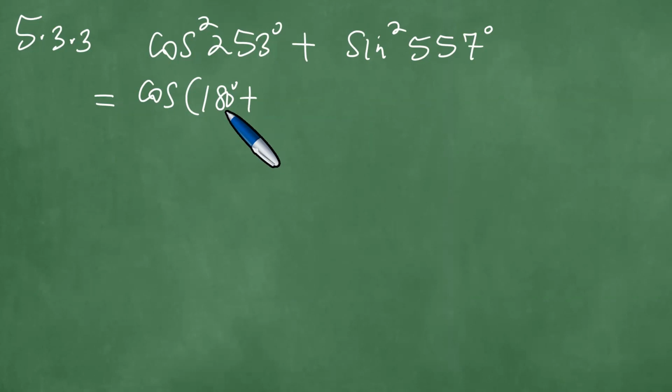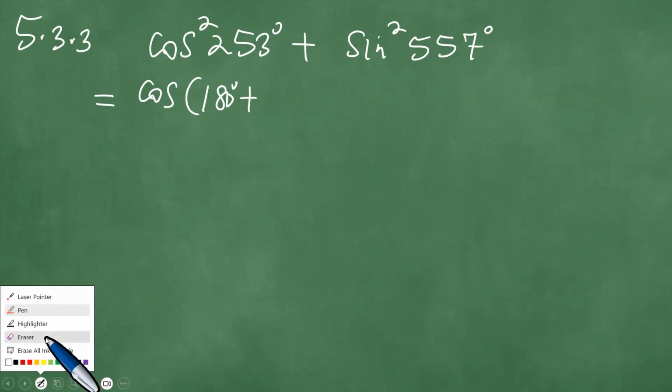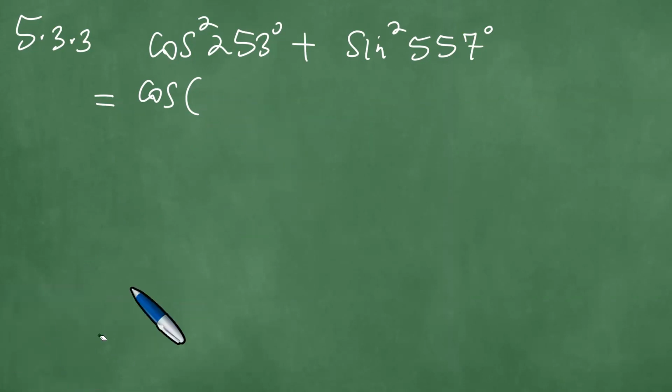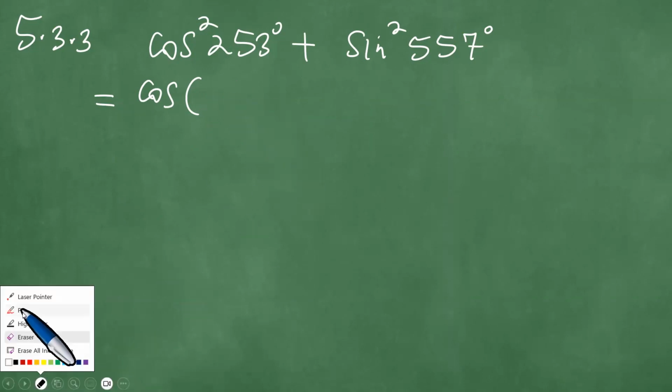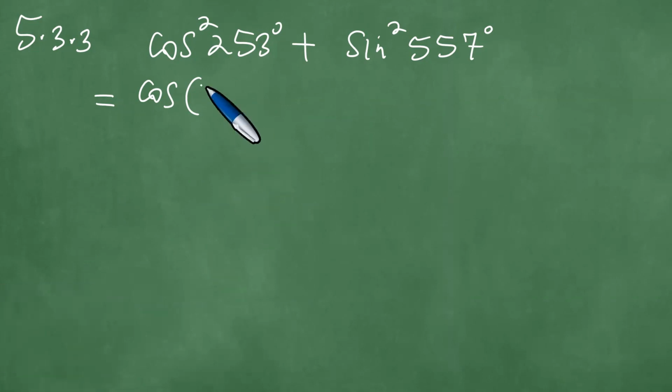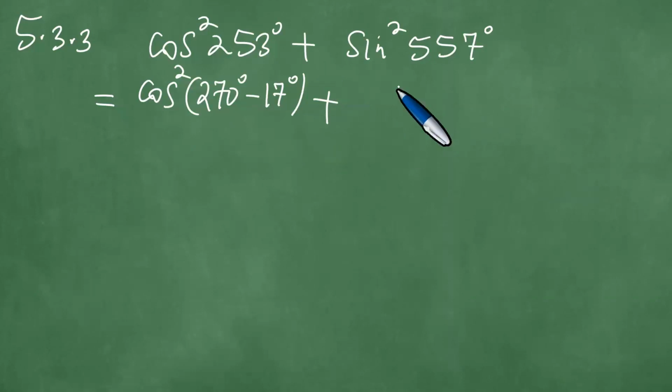The 253, you can use 270 minus 17. Try that. So here, if you use 270 minus that, because 270 minus 10 is 260 and then minus 7.